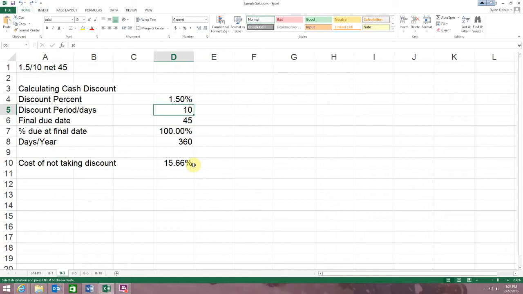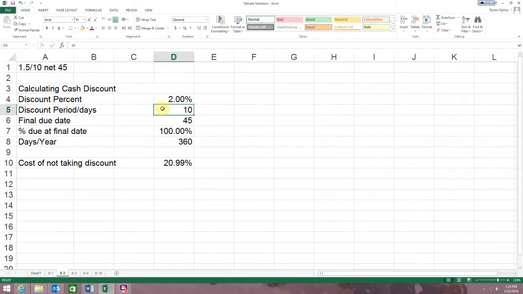On the other hand, if my discount percent up here were, say, 2, I would save almost 21%, right? And so it would make sense to borrow money from my bank at 17% to save almost 21% for that 45 days, and then I should pay it off in 45 days. So we do that to make that comparison, given our cost of funds.